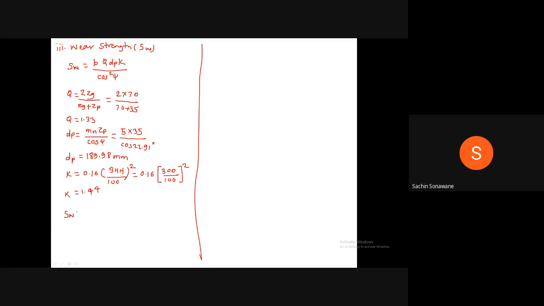SW is equal to b, means 50, into Q 1.33, into dp 189.98, into 1.44, divided by cos square of 22.91. Calculate SW in Newton.